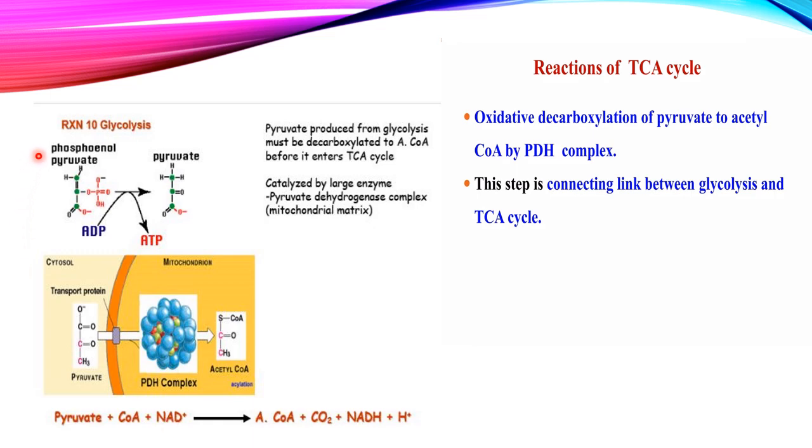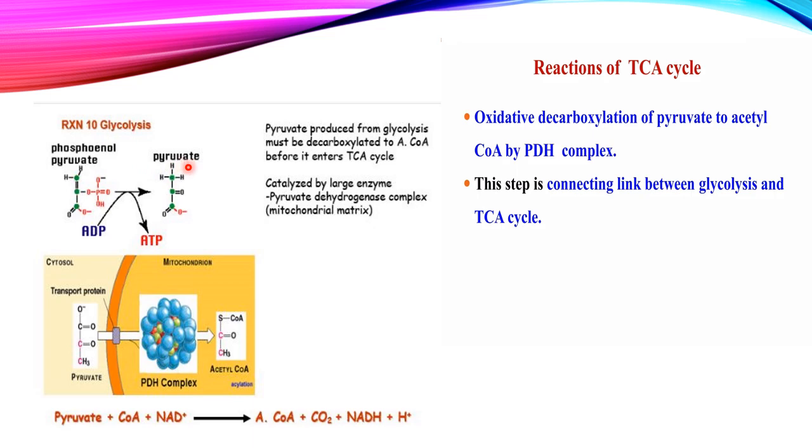You can see here that phosphoenolpyruvate is converted into pyruvate due to the action of the enzyme pyruvate kinase, where there is substrate level phosphorylation resulting in the formation of ATP. This is our 10th step of glycolysis, which results in the formation of pyruvate.